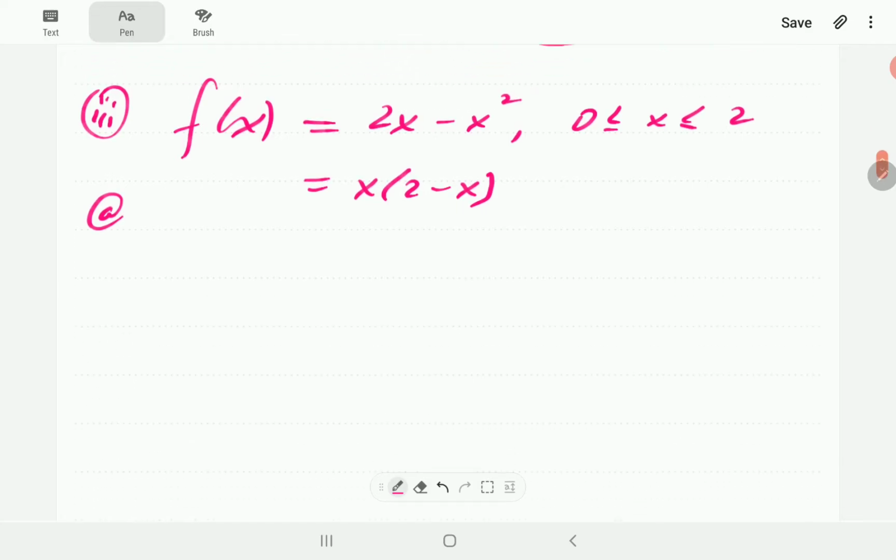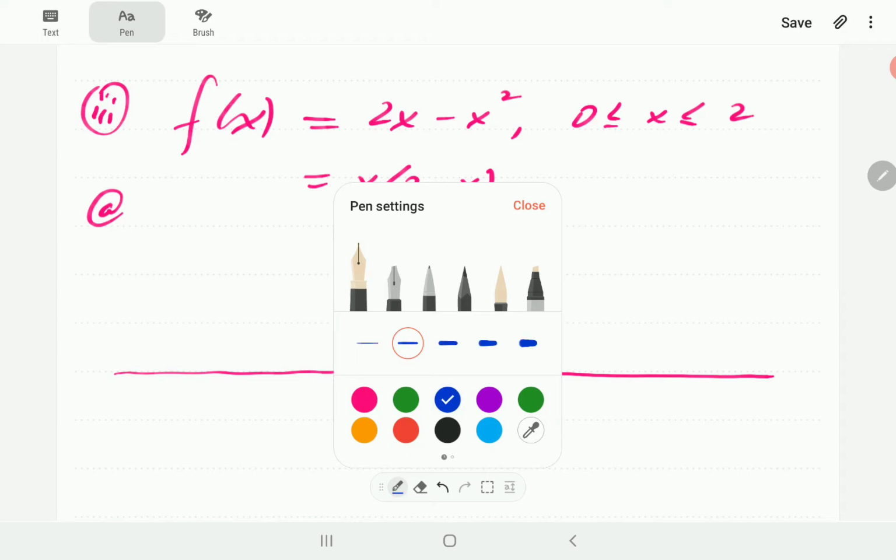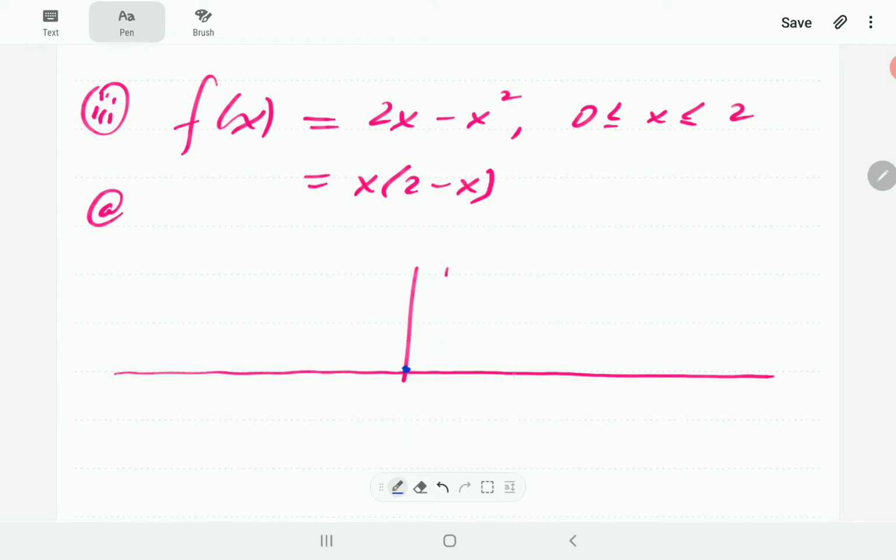Upon factorization, you can see that there are going to be two roots, one at 0 and the other one at 2. So we're going to have a shape that looks something like that, and that is our period.